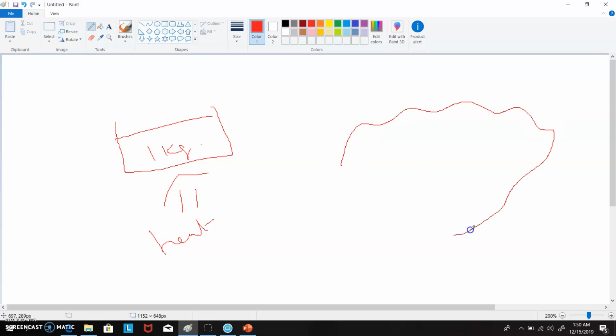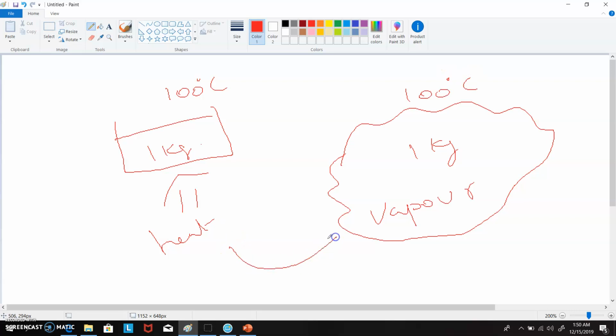It becomes 1 kilogram of vapor. So here the temperature will be 100 degrees Celsius, here 100 degrees Celsius. This process is called the boiling process. Just like melting, the temperature is constant, but still we are supplying heat.